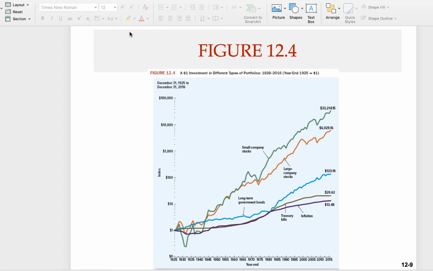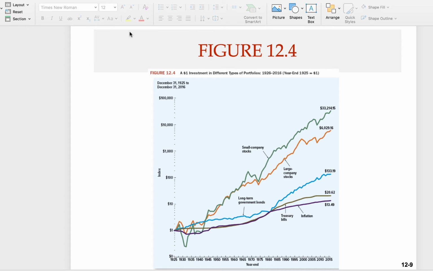So we're looking at investments in different types of portfolios, either small, large, or long-term government bonds. And we can see by looking at this that the small company stocks did the best, and the long-term government bonds actually paid the lowest return.